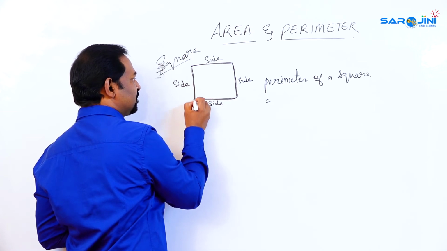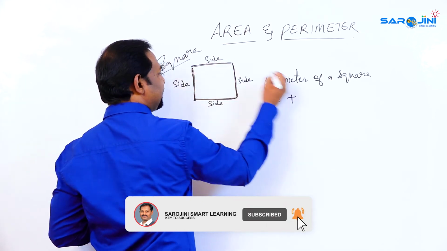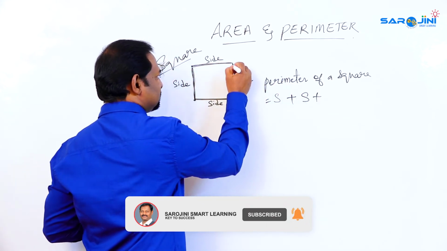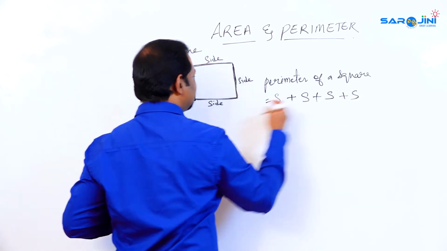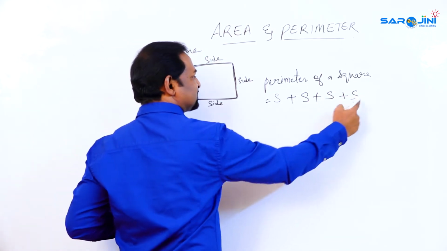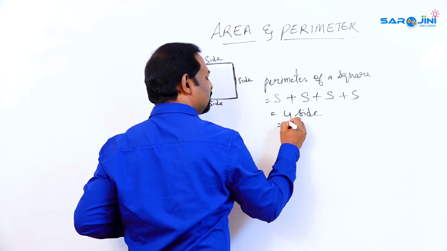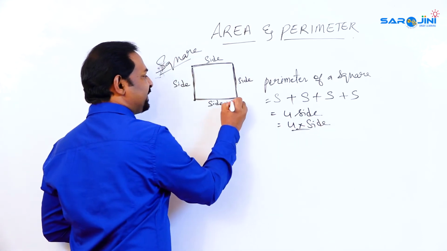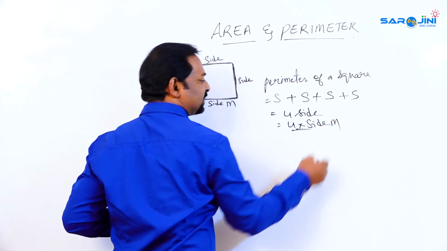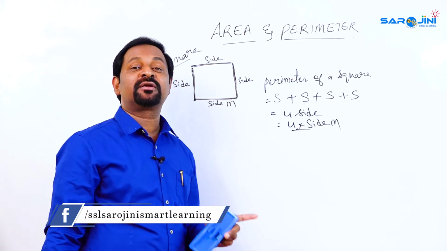If I start from here, this side plus this side plus this side plus this side. How many sides are there? Four. So the perimeter is 4 into side. If it is in meters, it will come in meters. If it is in centimeters, it will come in centimeters. This is the perimeter of a square.